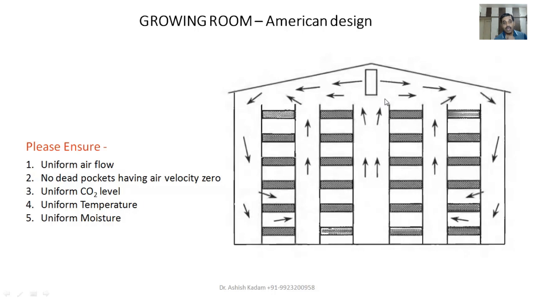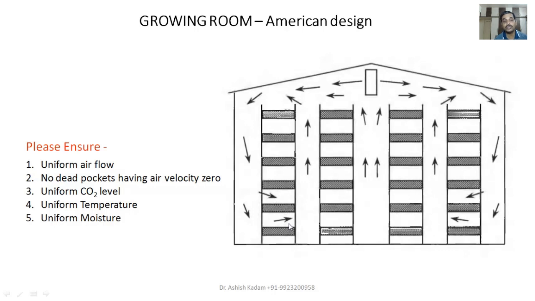We have seen that temperatures in the areas or spaces close to the air handling unit and ducting are at the right level, but the areas which are very much away from the ducts are maybe 2 or 3 degrees or even 4 degrees higher or lower than what we are expecting.